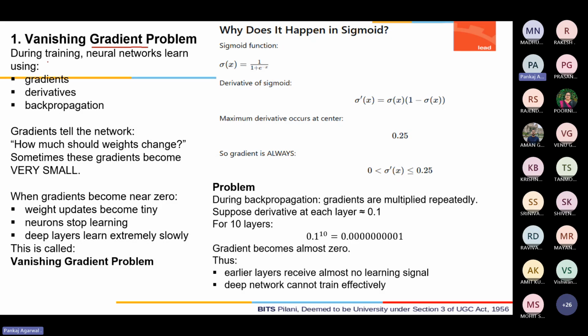When you do training in neural networks, for example in deeper networks like multi-layer perceptrons, you use gradients, derivatives, and backpropagation. I think I should not use this at this point of time. You might get confused because I didn't tell you anything about gradient descent. So let's skip this, right?